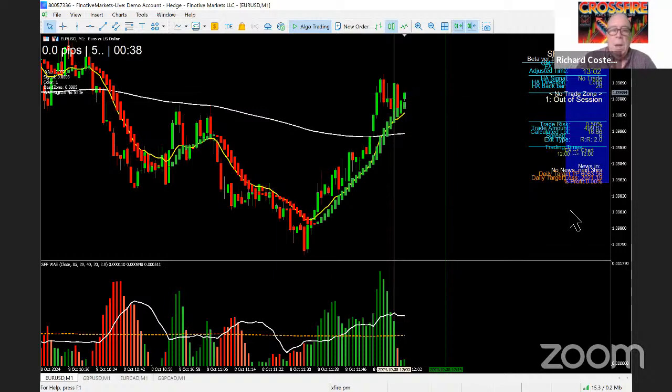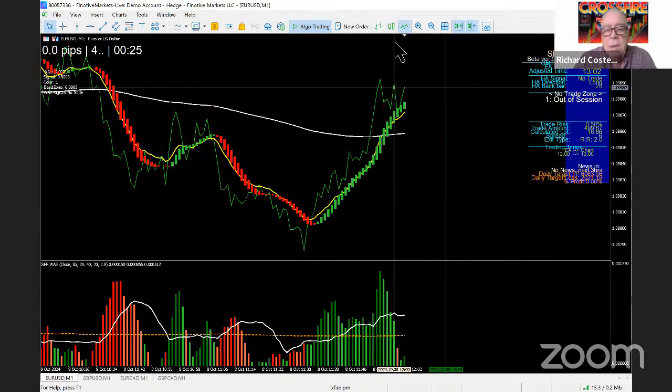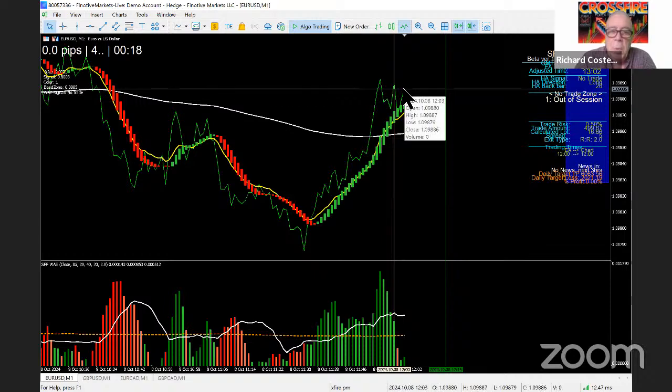I'm going to run through what I'm looking at on my screen and try to explain what the strategy is all about. The easiest way to do that is to change the candles to a line chart, and then you can differentiate between the actual price, which right now is at the top of that line there, and these green candles.